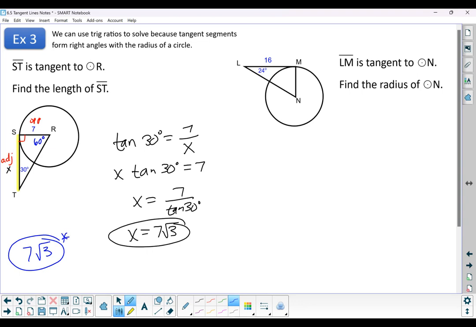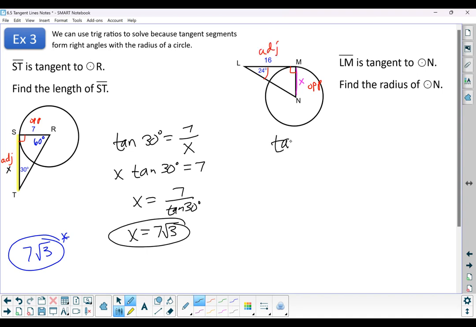In this example, we can't use special right triangles because that's a 24-degree angle, so we'll have to do a little bit of trig. We're looking for the radius of the circle, so I'm going to call that x. We know that it's a tangent, so we know that's a 90-degree angle, so we can think of our labels from the 24-degree angle. The x that we're trying to find is the opposite, and the 16 is the adjacent.